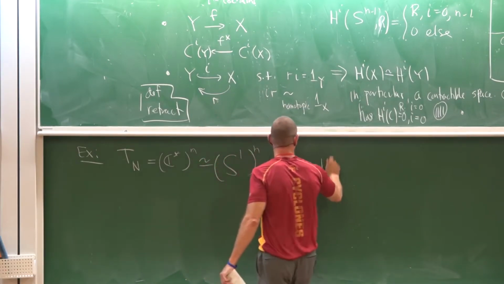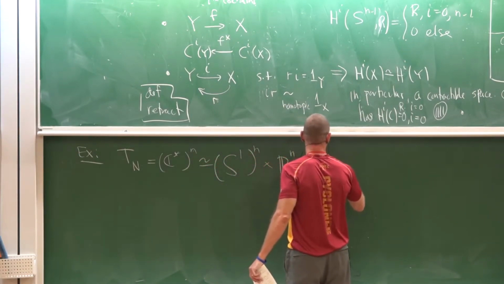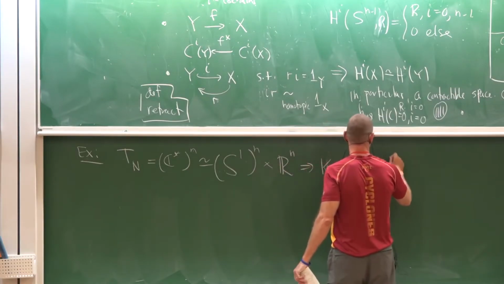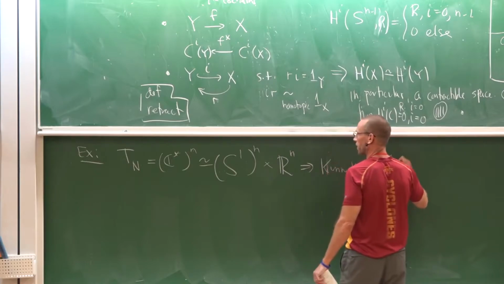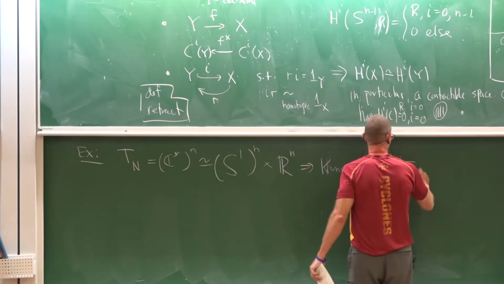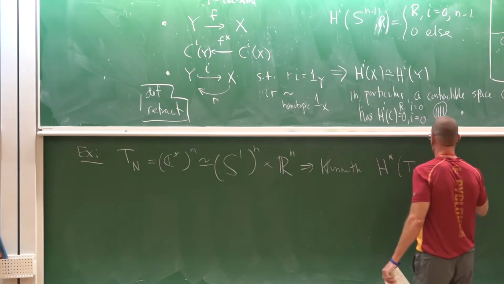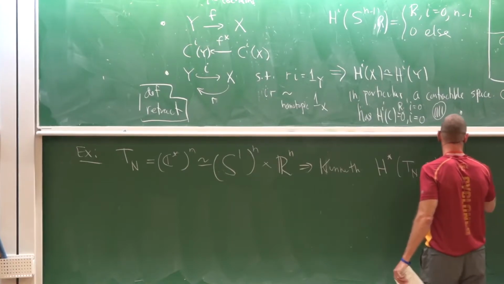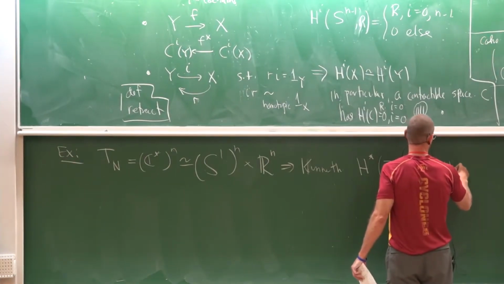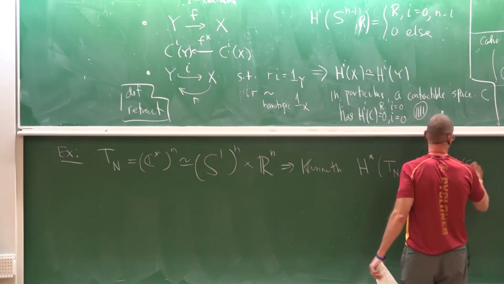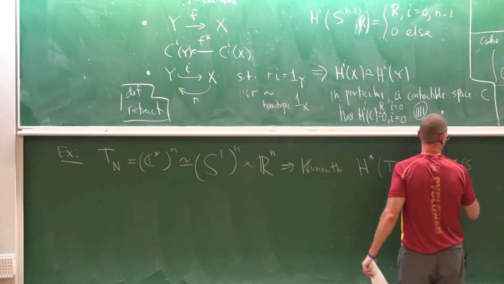So by Künneth, the whole cohomology ring of T^n additively, let's just say with Z coefficients, is going to have a decomposition that looks like a direct sum of tensor products of the cohomology rings of plain old S^1s.